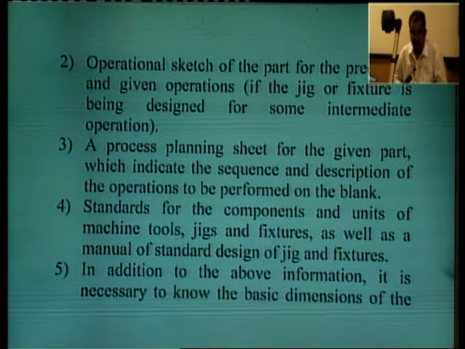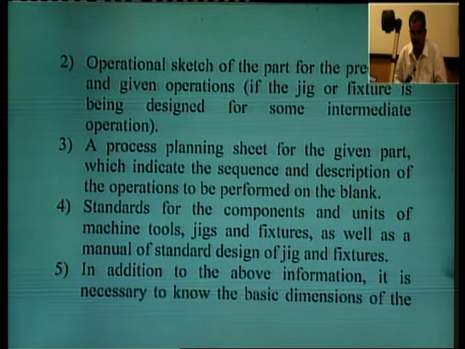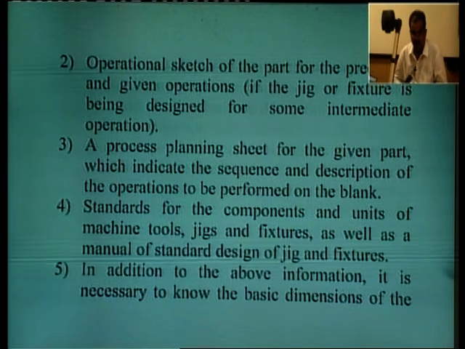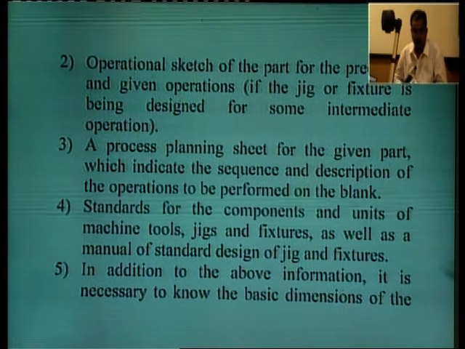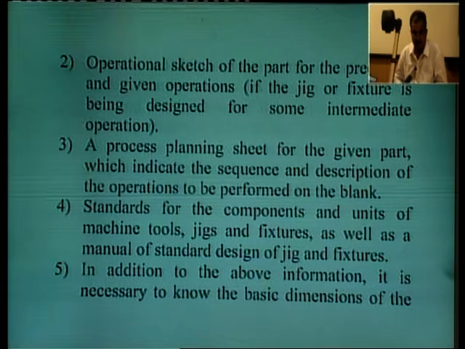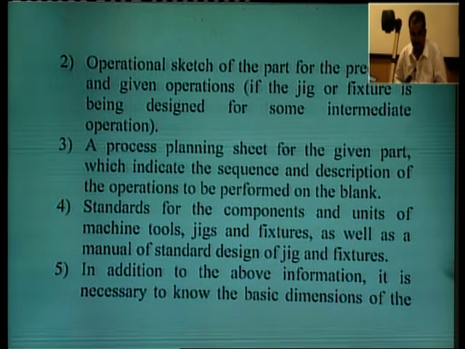Then a process planning sheet for the given part, which indicates the sequence and a description of operations to be performed on the blank. So, a process planning sheet should be available to the designer, so that he can know what operation can be done after what operation.